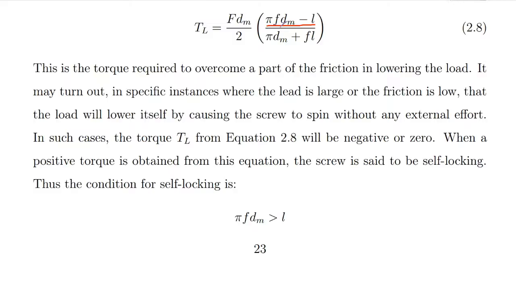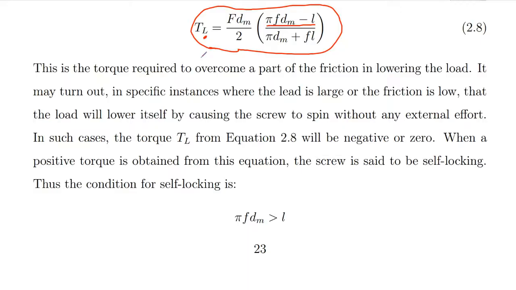And in such cases, we have either the torque to be equal to a negative value or it's zero. When a positive torque is obtained from this expression here, then we can say that the screw is self-locking, right?